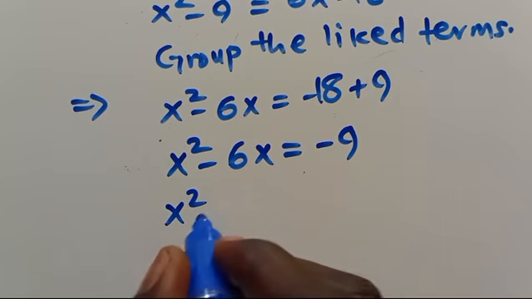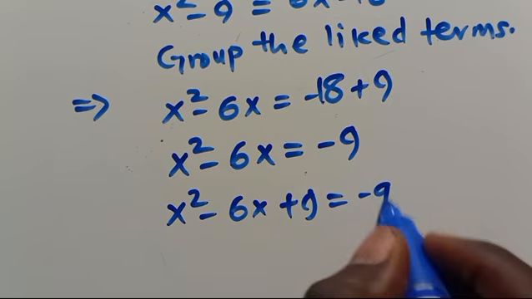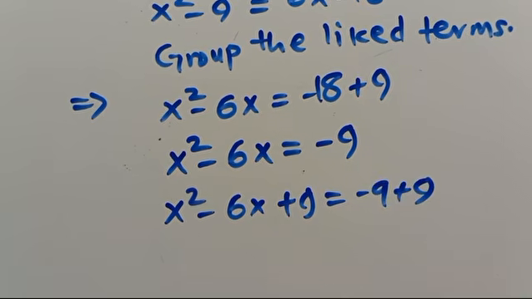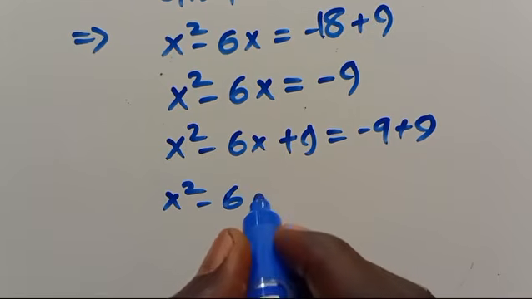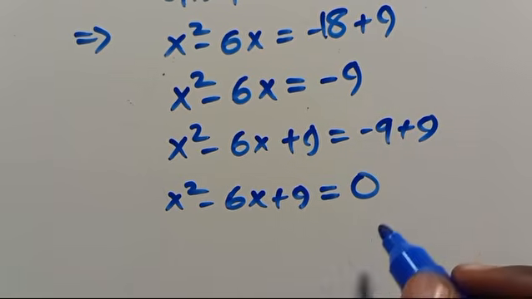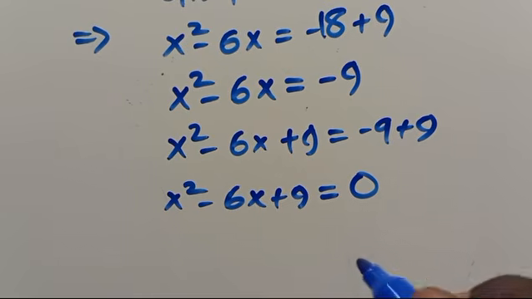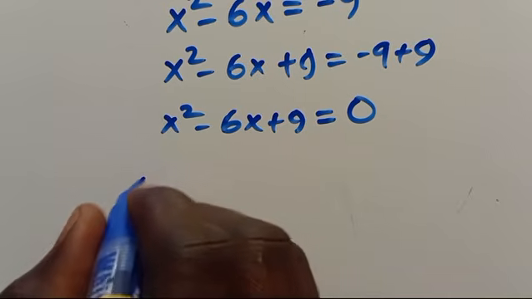Have x squared minus 6x plus 9 equals minus 9 plus 9. So we have x squared minus 6x plus 9 equals 0.